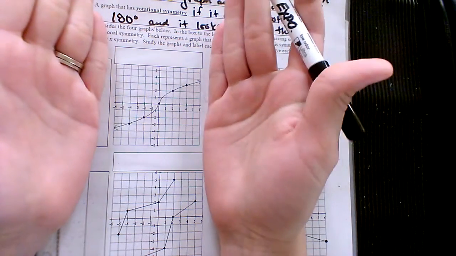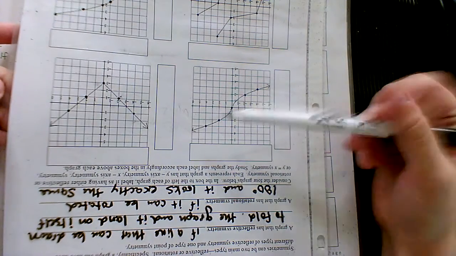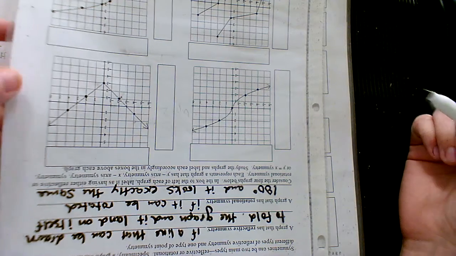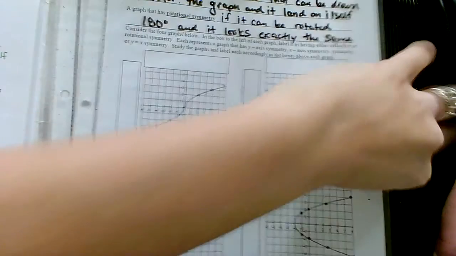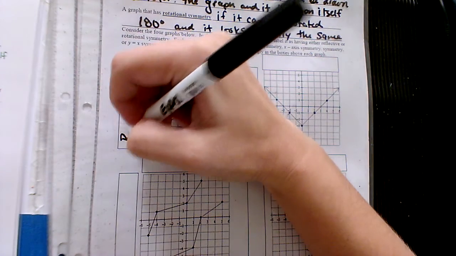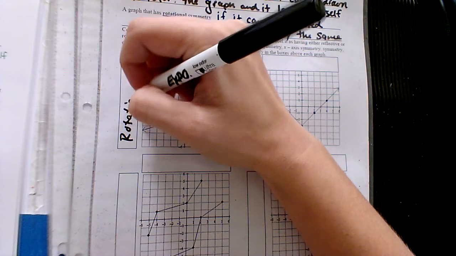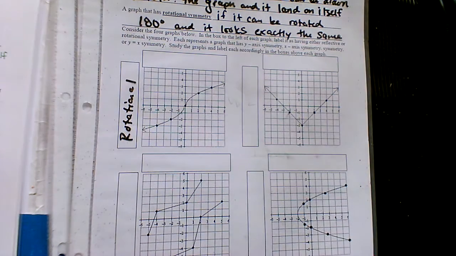Notice how, if you take a real good look at the way this graph is right now, if you were to flip it upside down, wouldn't it be exactly the same? It's the same shape. So this is what we would call rotational symmetry.